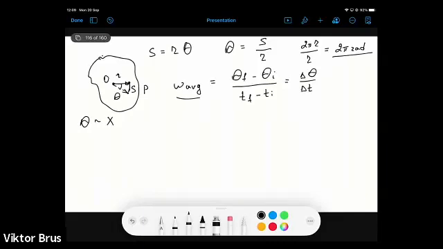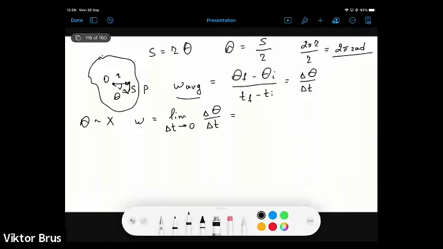We want to know instantaneous parameters, and instantaneous angular velocity will be given as a limit as delta t approaches 0 of delta theta over delta t.